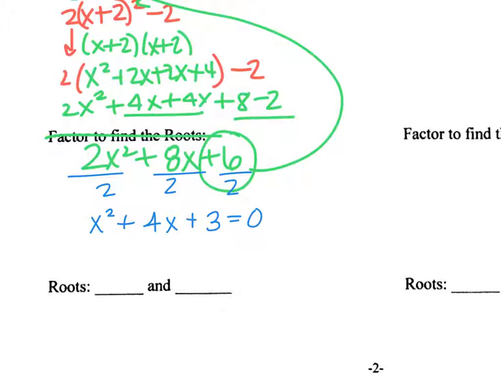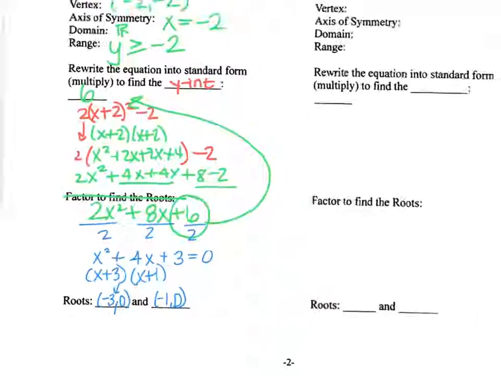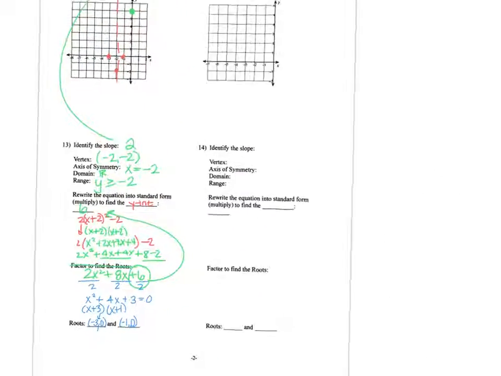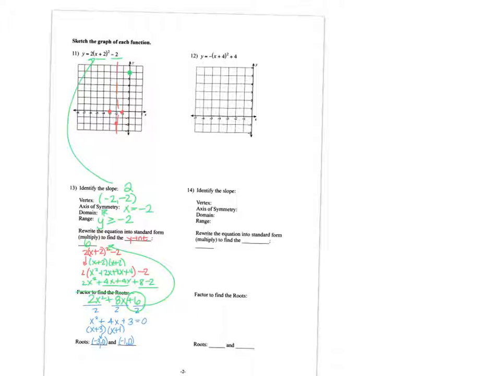And my two numbers are going to be 3 and 1, so x plus 3, x plus 1. And then roots are opposite of that, so that's why I'm getting -3, 0, and -1, 0. And if we look back at our graph, those are the 2 points we already had. So the only thing we have left to do is connect and make our U shape.